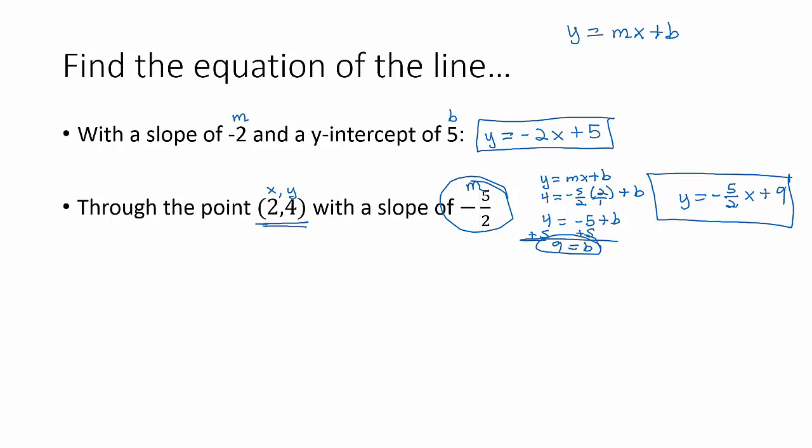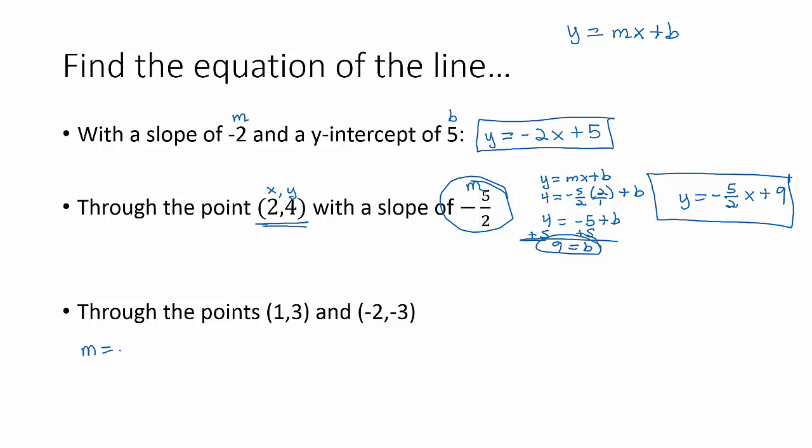Y equals mx plus b can help us solve any problem, including this one. We want the equation of the line that goes through the points 1, 3 and negative 2, negative 3. Here we're missing both pieces of information. We don't know the slope and we don't know the y-intercept. We always need to know the slope first.